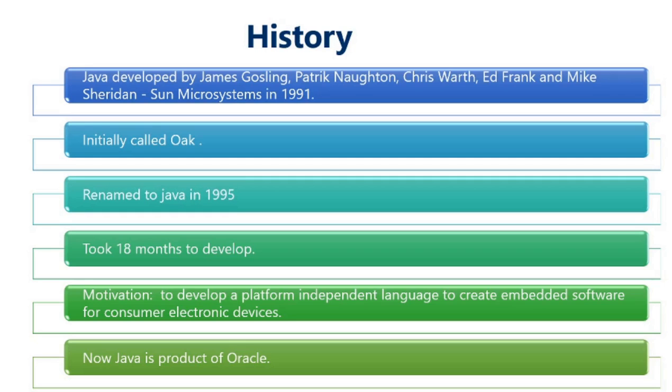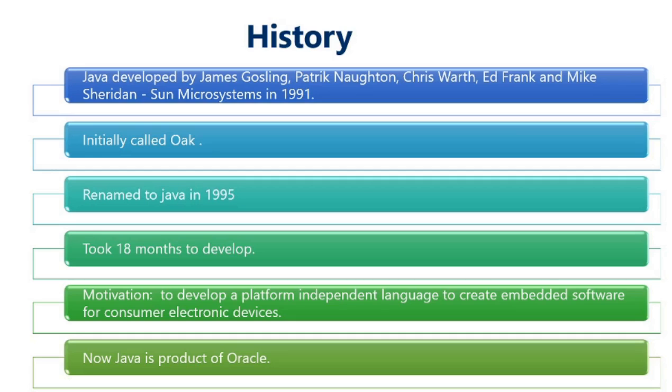Now what is the history behind Java? Java is developed by a team and James Gosling is one of the team members. The other team members are Patrick Norton, Chris Wark, Ed Frank, and Mike Sheridan, and it was developed at Sun Microsystems in the year 1991. The people gave the name Oak to the Java programming language.